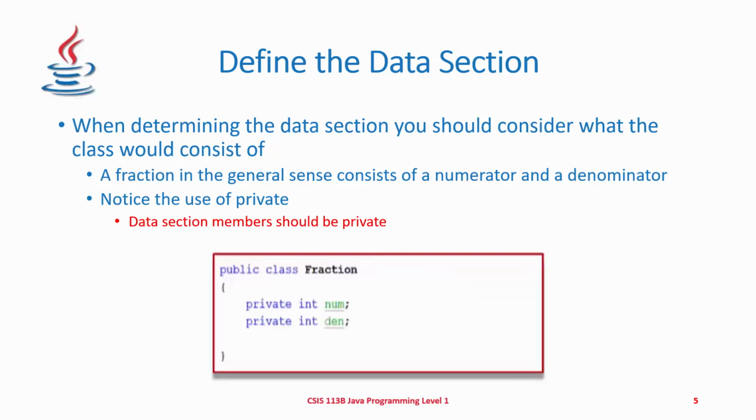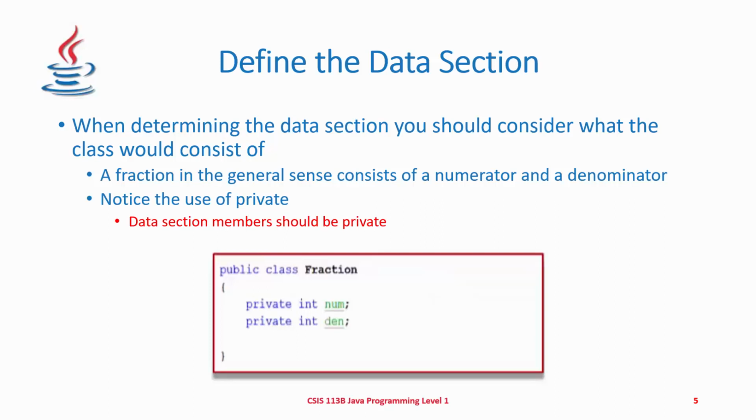That way, somebody who's using your class cannot accidentally or perhaps intentionally put values into that class that may make the class crash or become a security issue of some sorts. So it's generally accepted that whenever you create your class variables, your class data members, that they should be private.